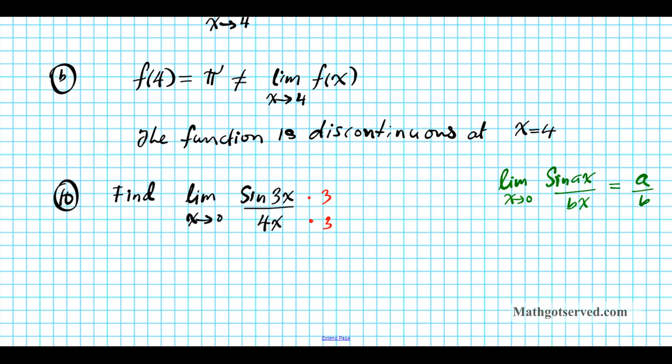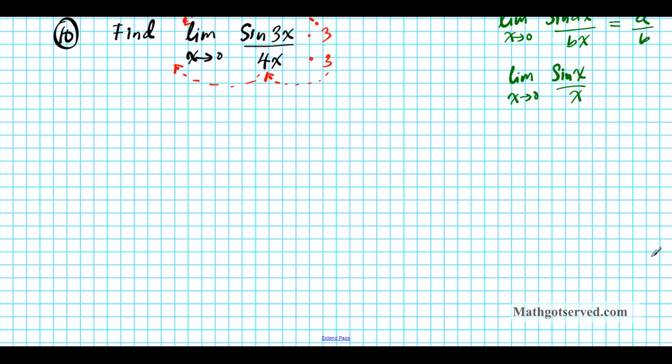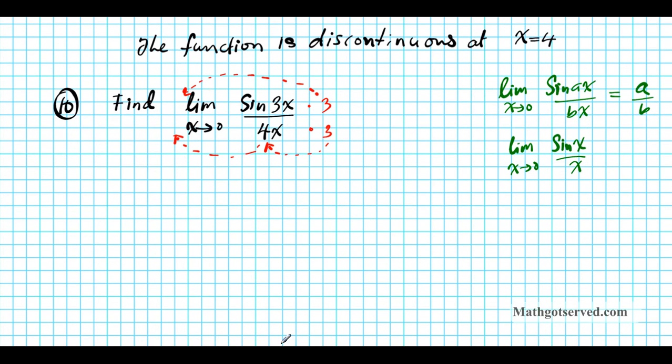You want to make it look like the limit as x approaches 0 of sine x over x, something like that. So what I'm going to do is toss this 3 to the front of the limit, move this 4 out, and then insert this 3 in the place of the 4. Okay? So this is going to become the limit as x approaches 0.